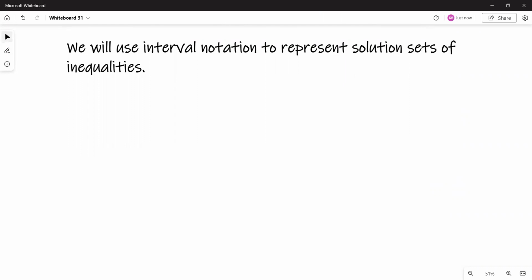Okay, so I'm going to start by copying the first part. The first 3 intervals are open intervals, and we're going to be using the infinity symbol. This is not a number, it is just a symbol.